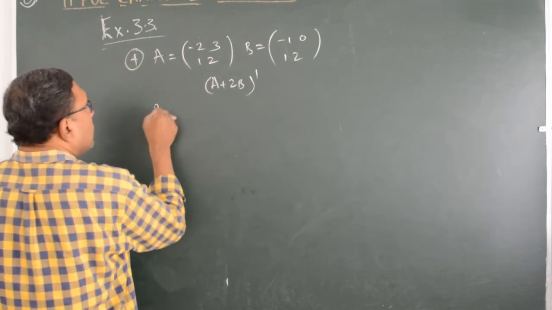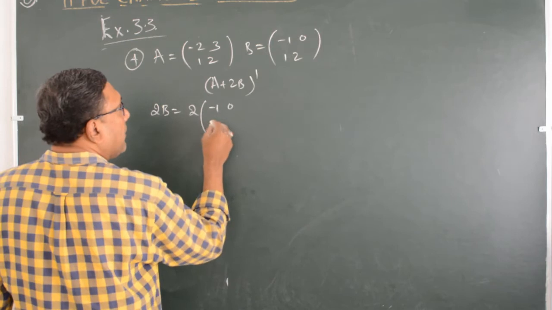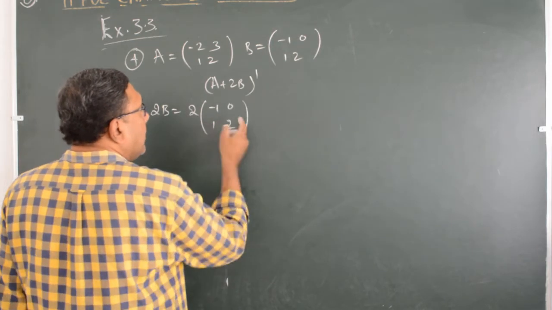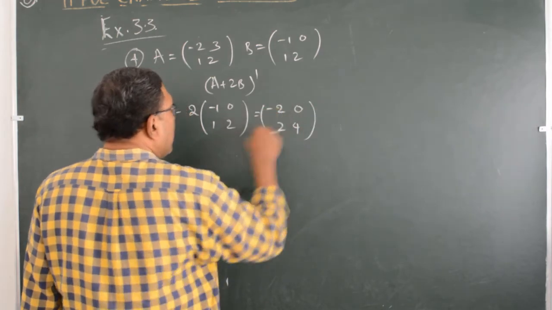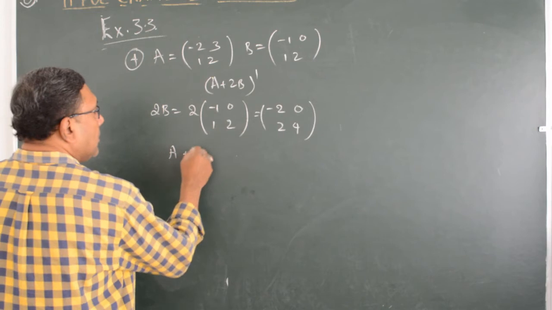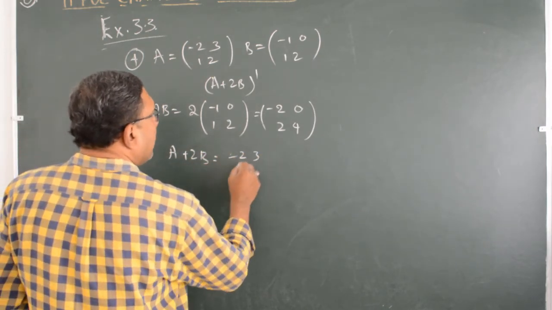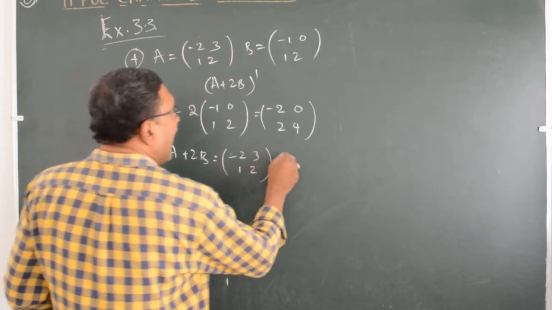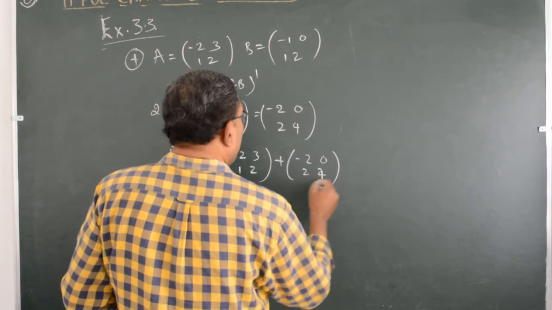Okay, we know A. So, 2B is nothing but a scalar multiplication of matrix B, which will be minus 2, 0, 2 and 4. Add it with A: A plus 2B will be minus 2, 3, 1, 2 added with this resultant matrix.